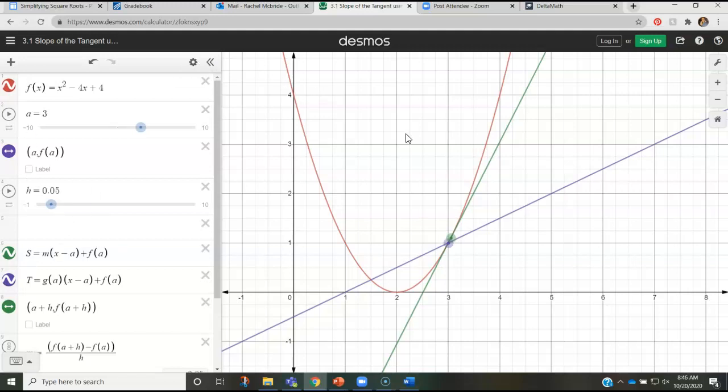So that green line's representative of our slope of our secant. And as we can see, if our h value gets smaller and smaller, our graph gets closer and closer to what we are hoping for.